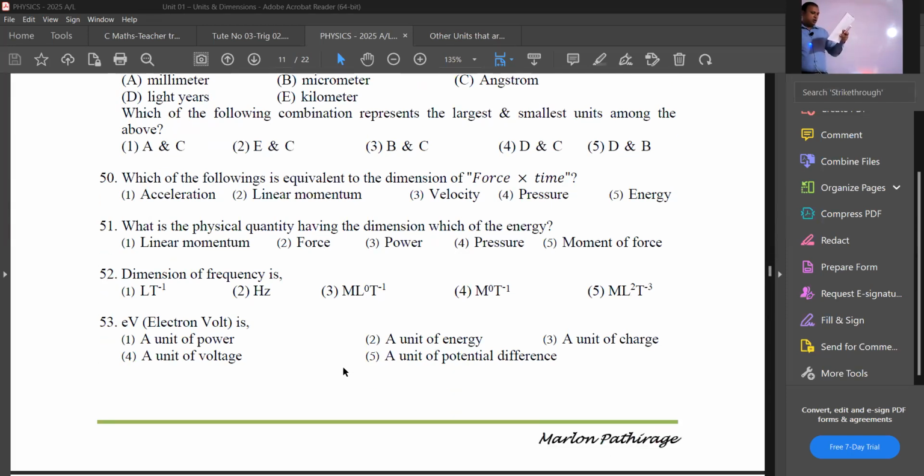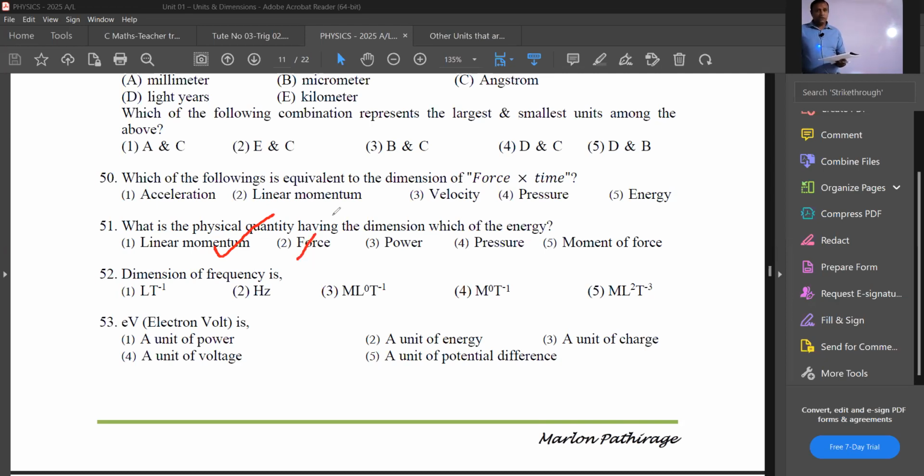51. What is the physical quantity having the dimension of energy? In that case, we can use the method of removing answers. The dimensions of linear momentum: linear momentum is equal to force into time, so that is not equal to energy.